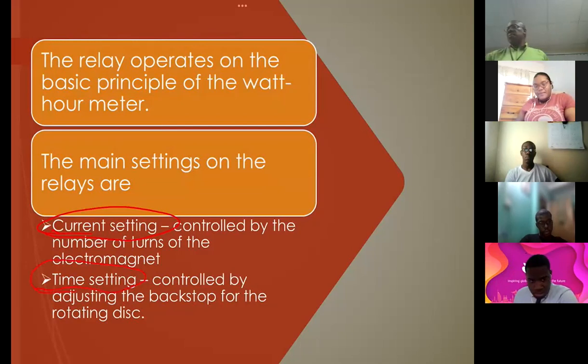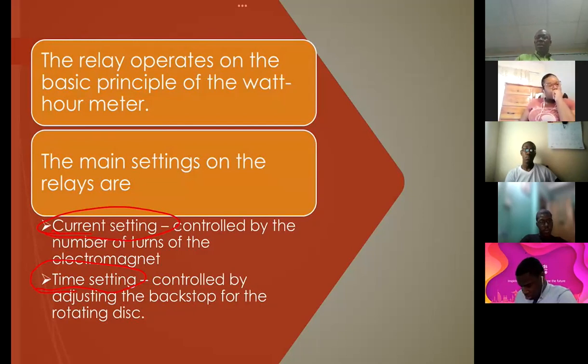So far, in power systems or in the discussion I've had in protection, I've only told you about the current setting, and we have looked at the curves with those tap settings, the time dial settings.